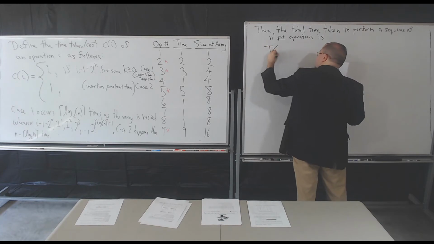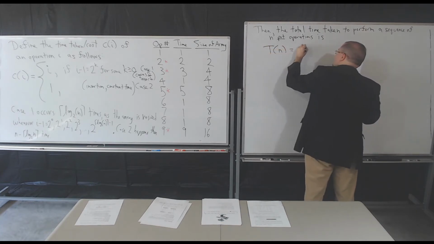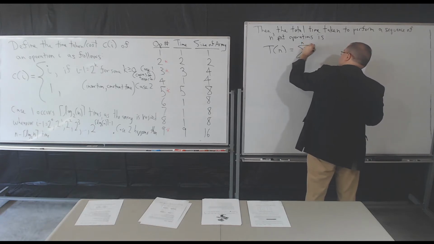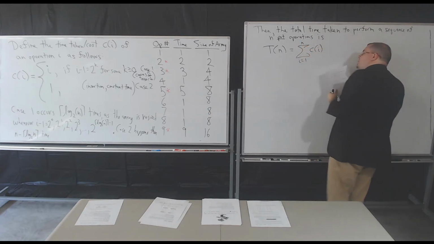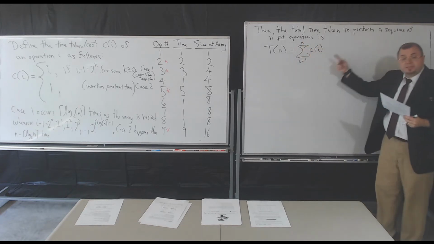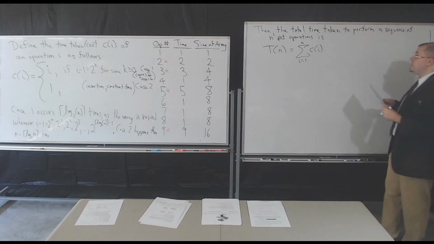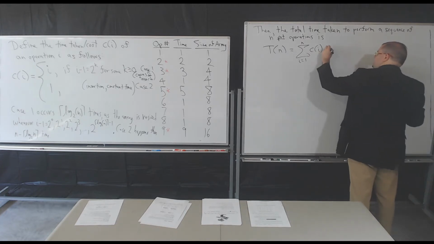It's T of n, which is going to be equal to this. Remember, I said it's the sum of all the costs of all my operations, which is just the sum of all of these. So C of 1 plus C of 2 plus C of 3, all the way up to C of n.